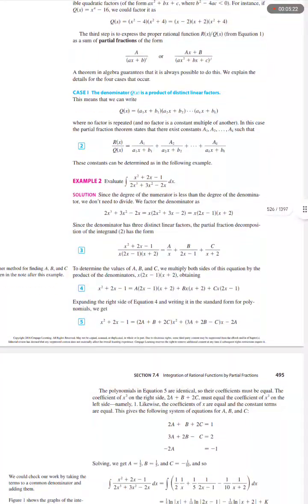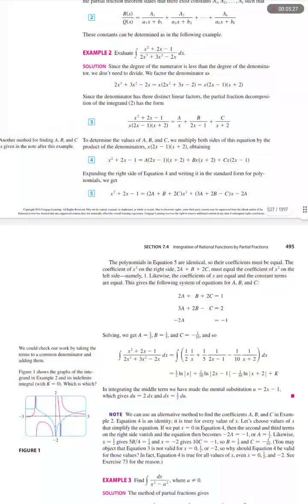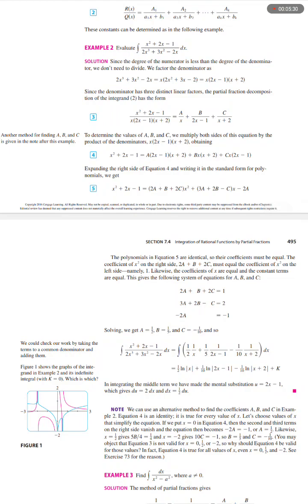Example 2. Evaluate the integral of (x squared plus 2x minus 1) over (2x cubed plus 3x squared minus 2x). Solution. Since the degree of the numerator is less than the degree of the denominator, we don't need to divide.